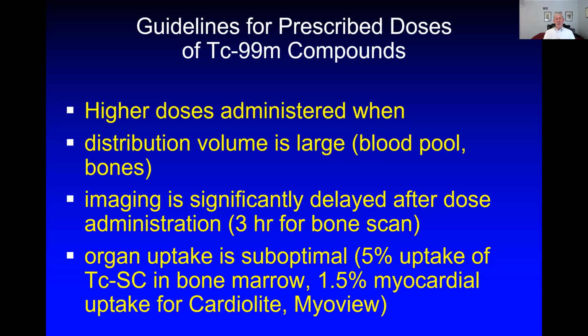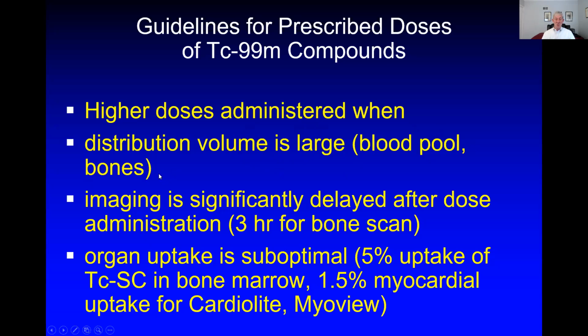You're looking at only a 2% volume in the heart in any given moment. 98% is not in the heart. And that's why you need such a huge amount to perform a MUGA, because the blood pool is huge in the body, but only 2% of it is in your field of view. So you need a really large number, like 25 millicuries.